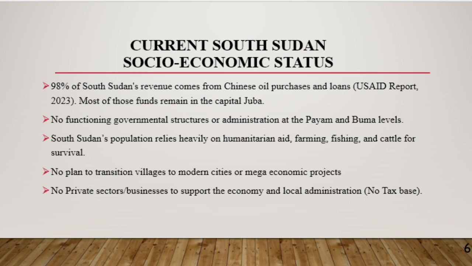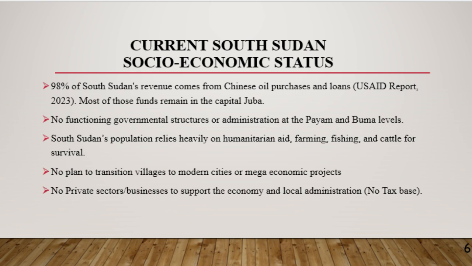which is mostly Juba, right? And another thing is there is no functioning governmental structure at the grassroots administration, Payam and Boomers. So you could find some administration at the county, state, and central levels.